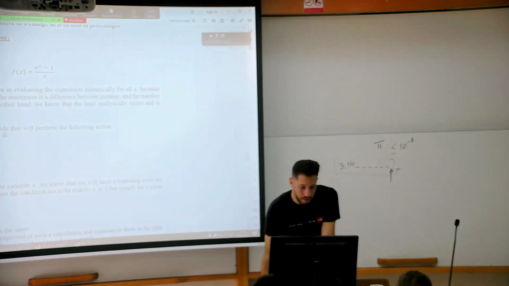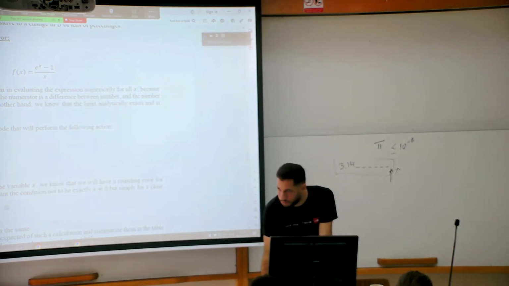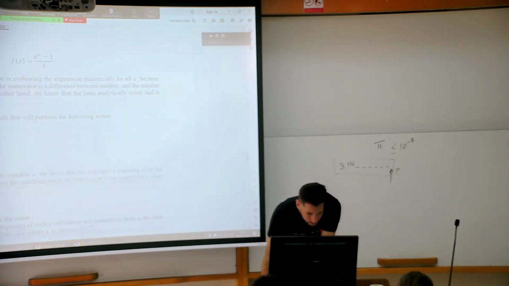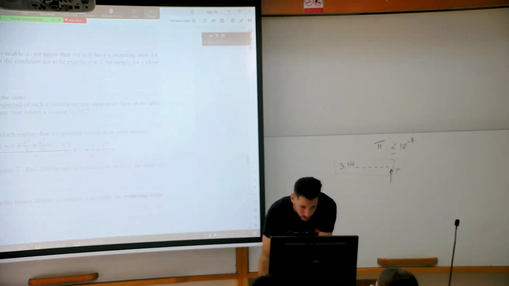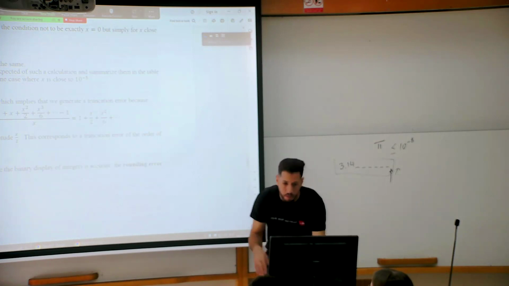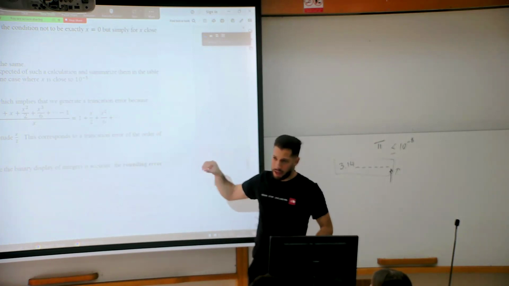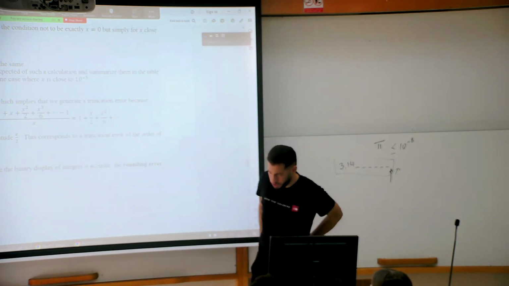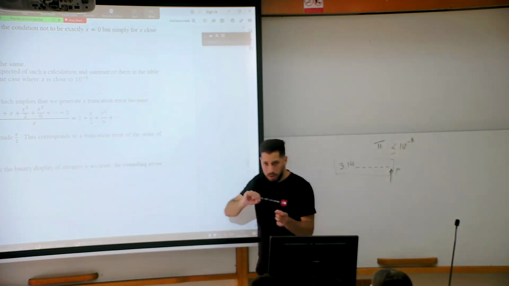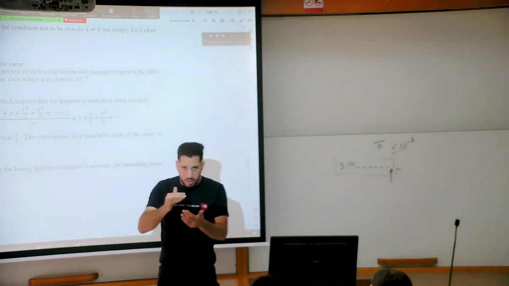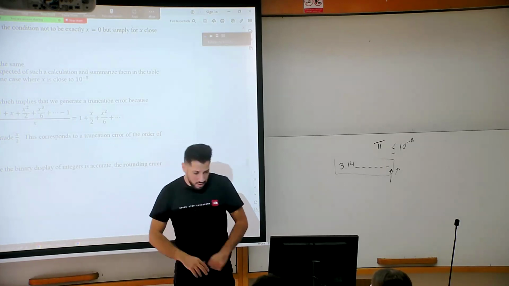We tell him that if x is smaller than some small value, for example here 10 to the minus 5, and else you can calculate this. And when we do that, let's focus on the borderline case around this 10 to the minus 5, and let's ask about the total error when we are under that 10 to the minus 5 or above it.